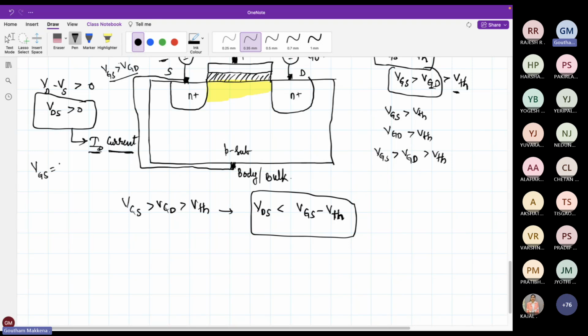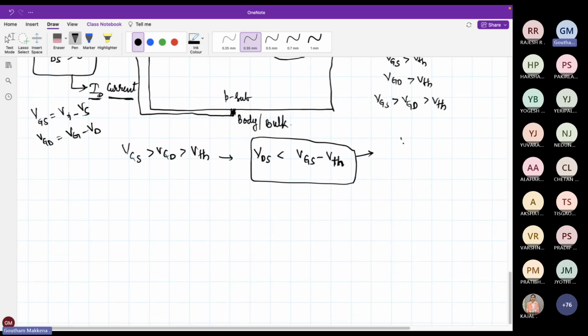VGS means VG minus VS, VGD means VG minus VD. Substitute this and you will end up with this condition: VDS is less than VGS minus VTH.